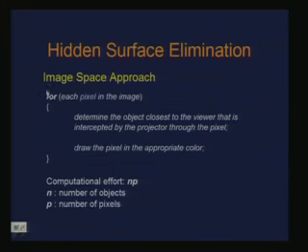Just to further elaborate on the two methods. In the image space approach, for each pixel in the image, we determine the object closest to the viewer that is intercepted by the projector coming from the center of projection, or the eye, through the pixel, and then we draw the pixel in the appropriate color.